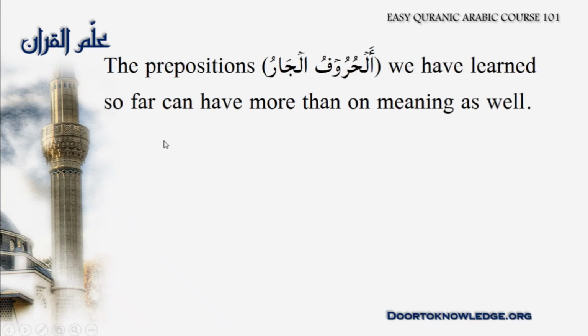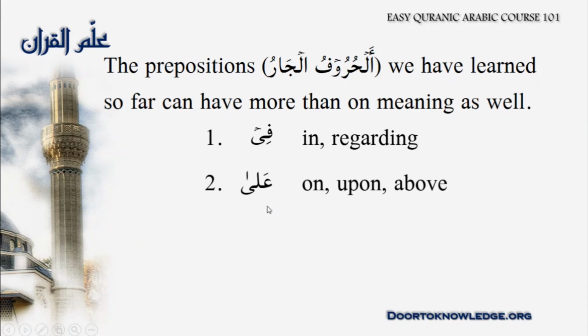And also the huroof al-jar can have more than one meaning as well. For example, fi can have the meaning of in or regarding. Ala can have the meaning on, upon, above.